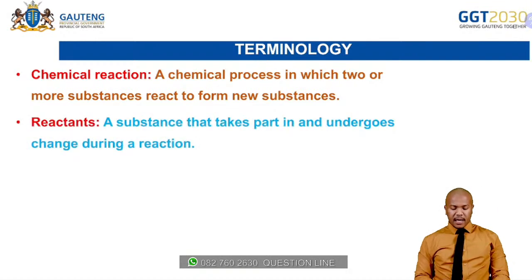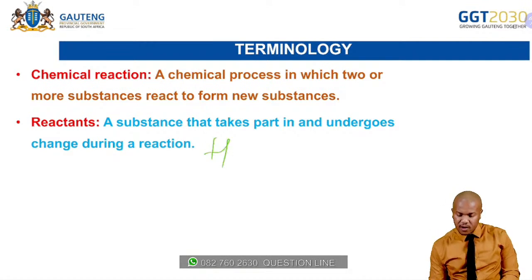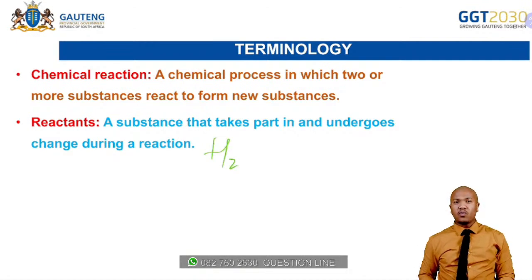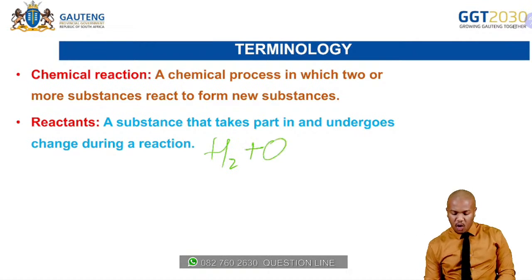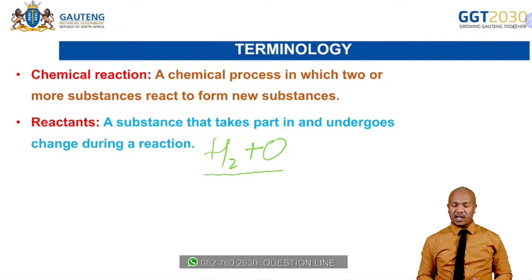So now, reactants. A reactant is a substance that takes part in a reaction and undergoes change during that reaction. For instance, if you have your hydrogen atoms, which are 2, plus your oxygen atom, this whole thing here means that these two are reacting with each other to form something new.